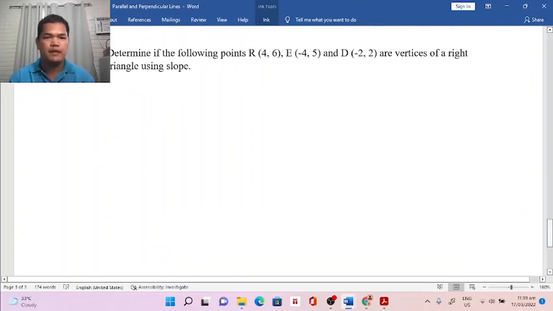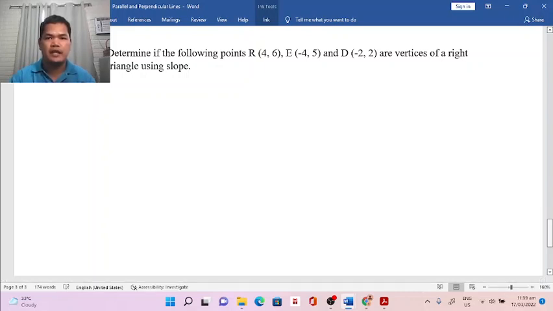And now, this would be the last example. Determine if the points R, E, and D are vertices of a right triangle using the slope. A review: a right triangle has one right angle, and the lines that form a right angle are perpendicular lines.